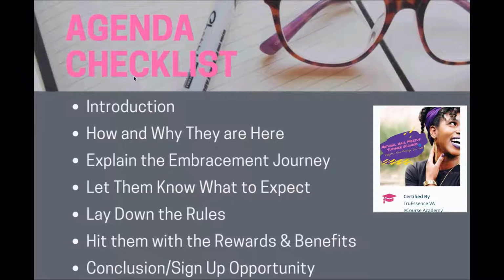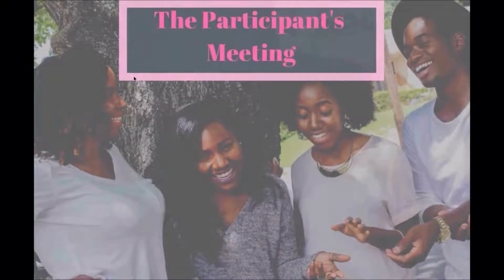I mean, if you really laid out your event journey and explained to them everything that they needed to know, I guarantee you will get at least 3 to 4 people interested in the journey that you're trying to present to them.